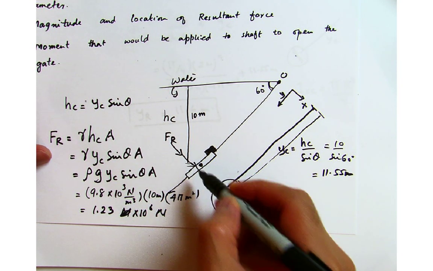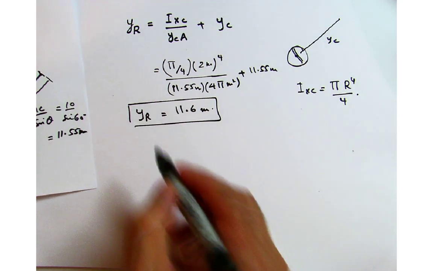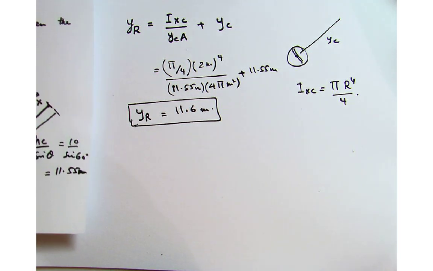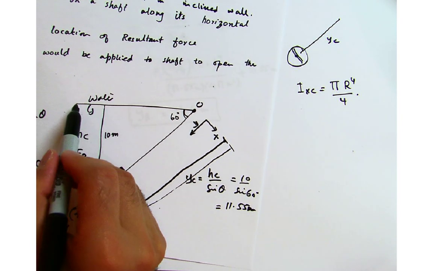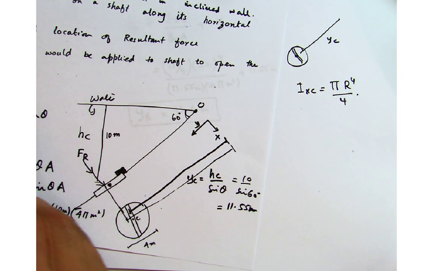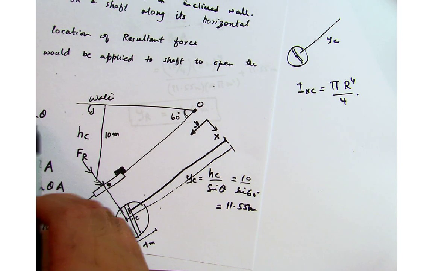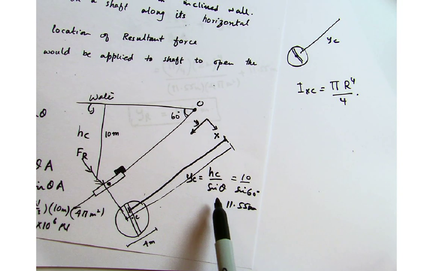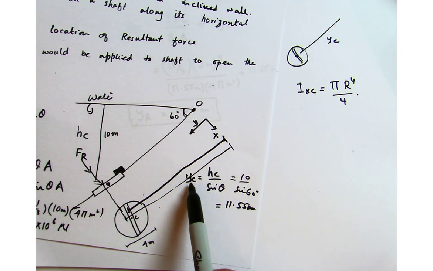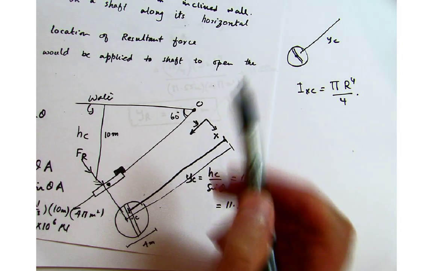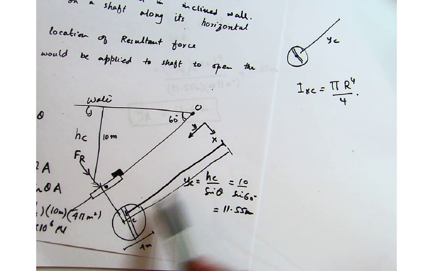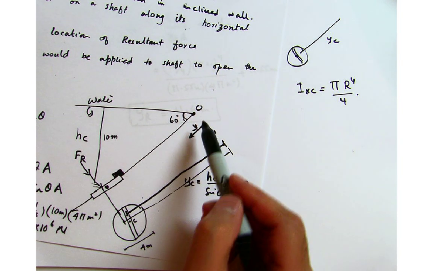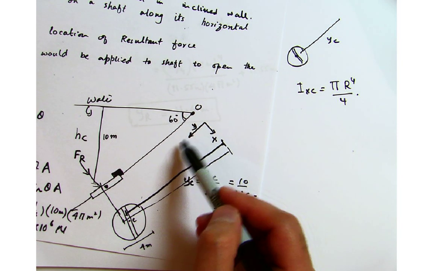So on this line your F_R is acting, so that is given by this y_R. So if you want to find it in terms of height, you just have to multiply that with sine theta to basically get the vertical height, but we are only concerned with the y_R in this direction.